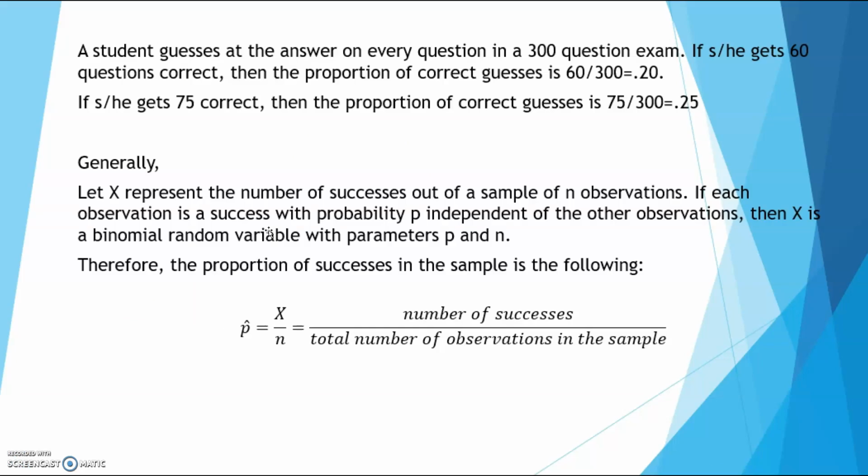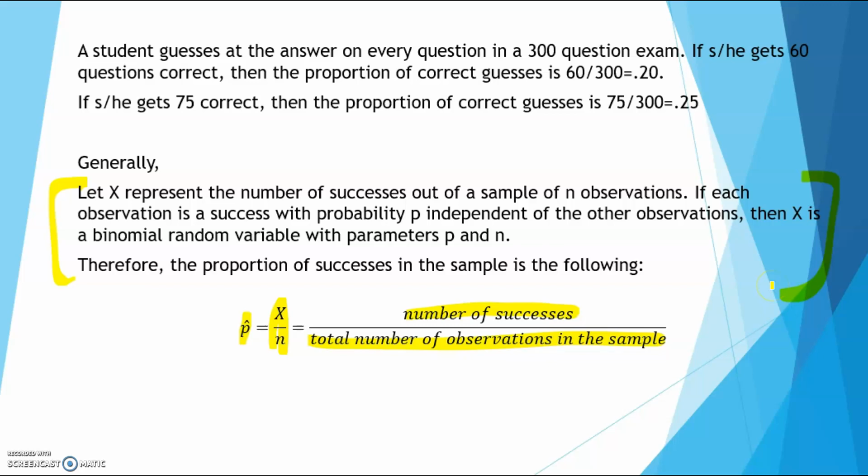Okay. What's important here is the definition of p hat, which is x over n, or we would say the number of successes over the total number of observations in your sample. Now this actually boils back down to when we're talking about binomial distributions, and that's actually said in here.